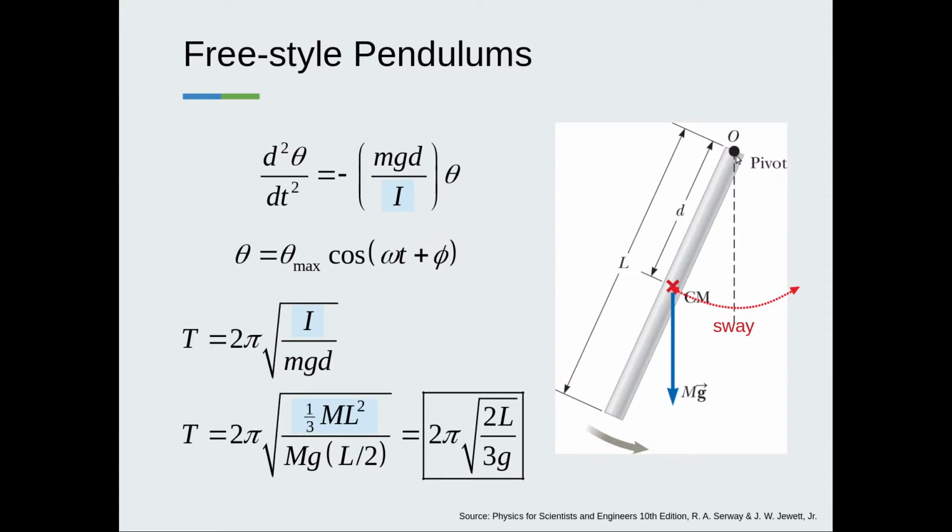In a rotation like this, I is 1/3 mL squared. We derived it in the problem solving session, so you can just apply it. And D is exactly at the center of your rod. So this is how you get the period of your swing.